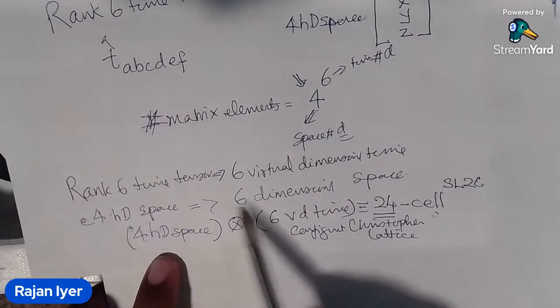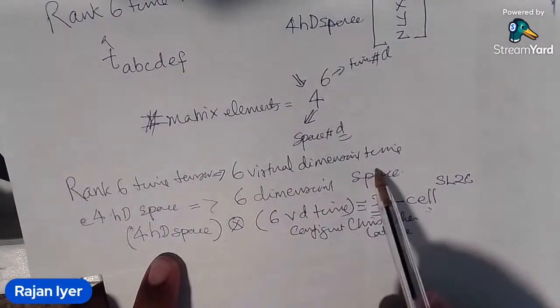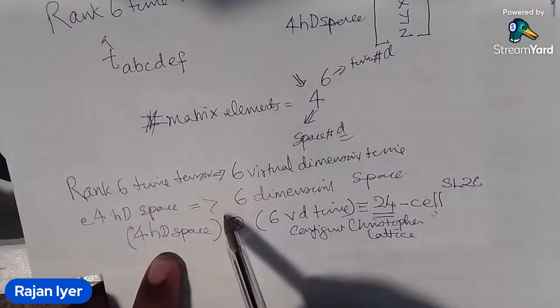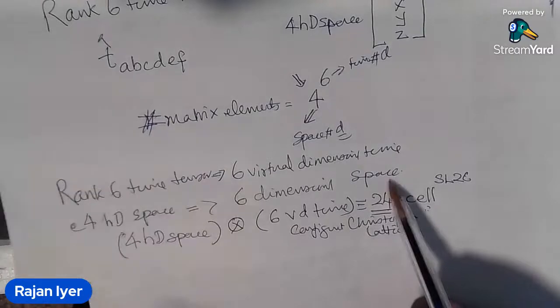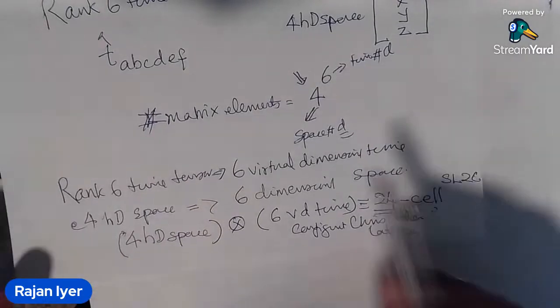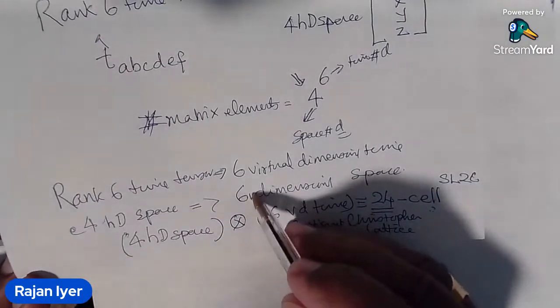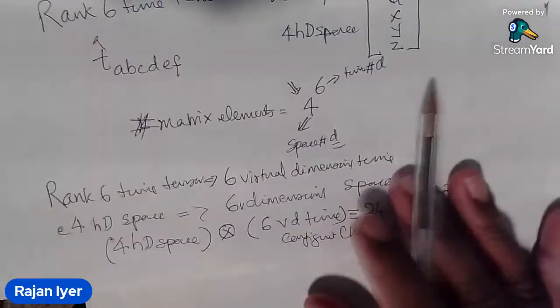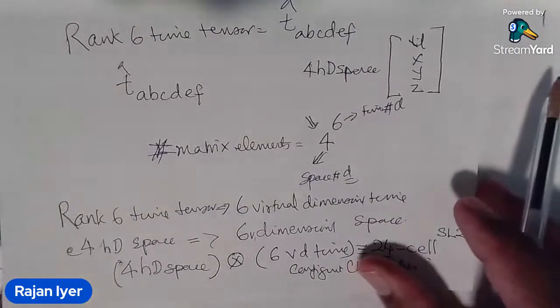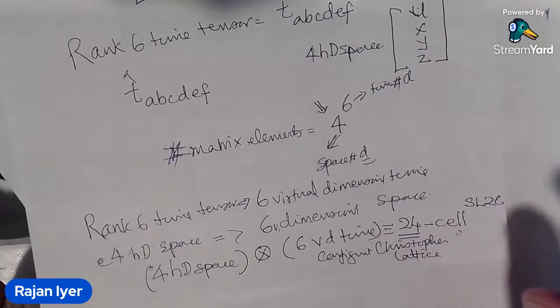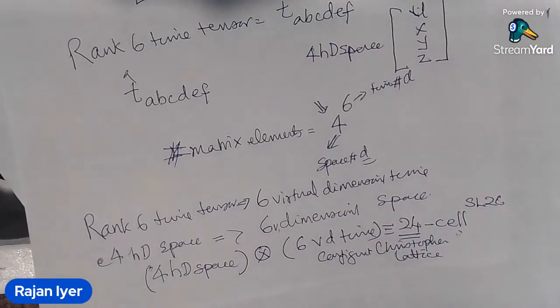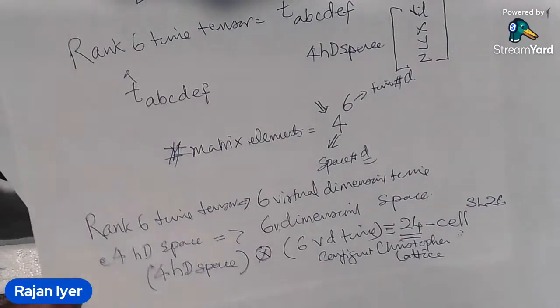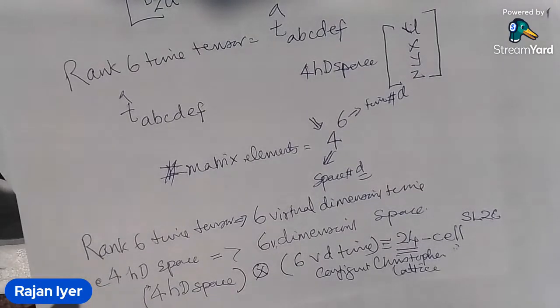The question I have is why are you multiplying 4D space by 6D time to get 24 if above we have 4 to the power of 6, which equals 4096 or something? Elements, yeah. But one is the elements and the other is what?